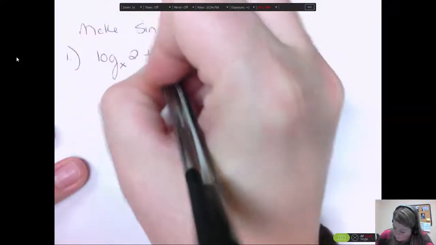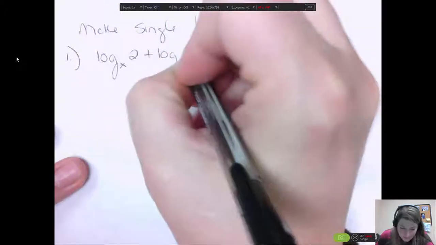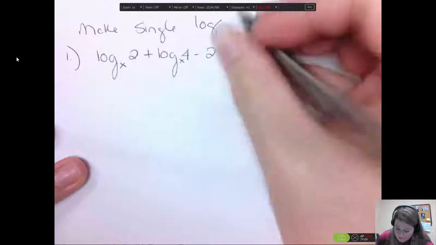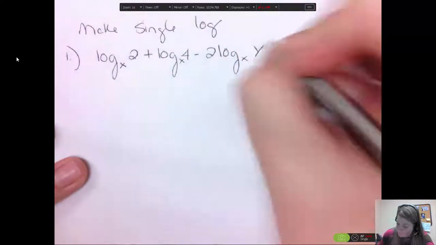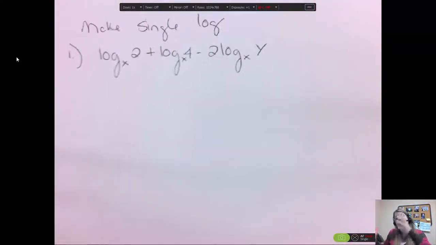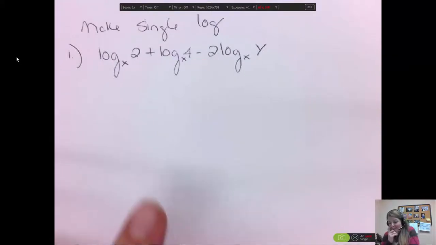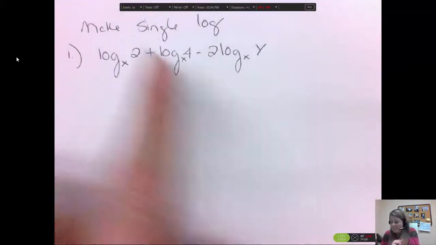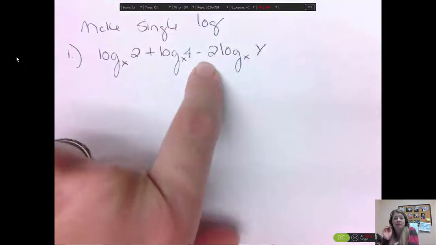So what if we have log base x of 2 plus log base x of 4 minus 2 log base x of y? Okay, so I want to condense this all together. So what does the plus tell us? Times, and the minus tells us division.